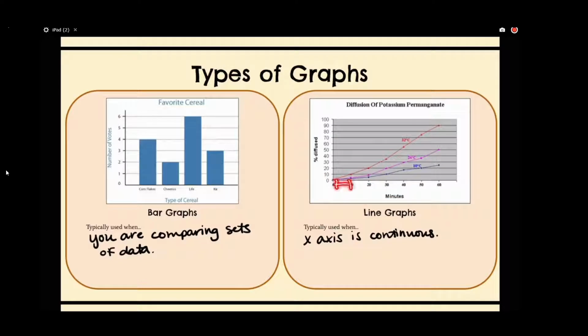You have 0 to 10 minutes, 10 to 20, 20 to 30, 30 to 40, 40 to 50, 50 to 60. So you have continuous intervals of time. As you'll see later, when you're doing diffusion graphs, generally you have a continuous x-axis of different concentrations of the solution. And so anytime your x-axis is continuous and evenly spaced, it's generally a line graph.